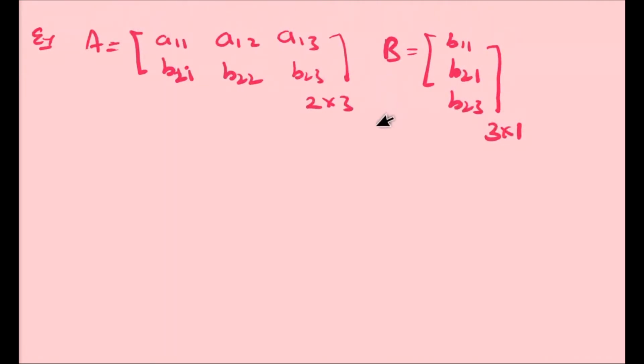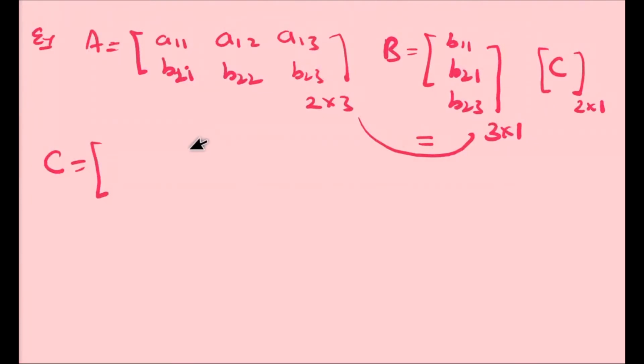So when we multiply these, the resultant will be of order 2 into 1. When it is of order 2 into 1, it means 2 rows and 1 column. So let it be C11, C21, 2 rows and 1 column. Right?